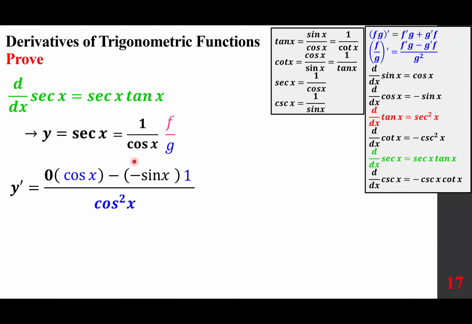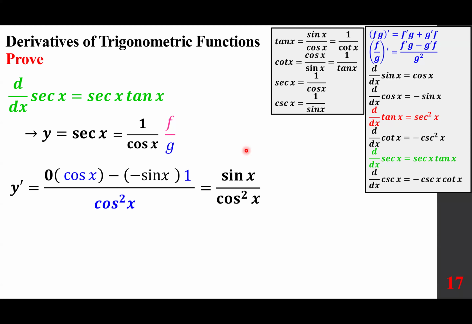And again, we are done with calculus. Let's finish the job. We notice this is 0, this is positive, so sine x, that's all we have in the numerator. And we remember from trigonometry, when we wanted to prove trigonometric identities, we would manipulate things.